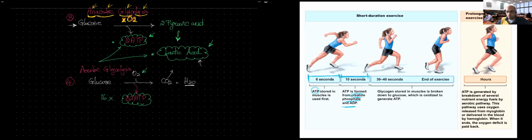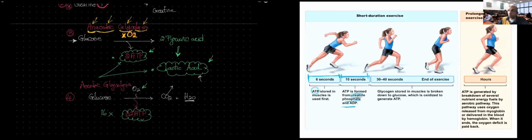As you keep going beyond the stores of creatine phosphate, you're gonna be breaking down glucose without oxygen in anaerobic glycolysis, which will last for another 30 to 40 seconds.